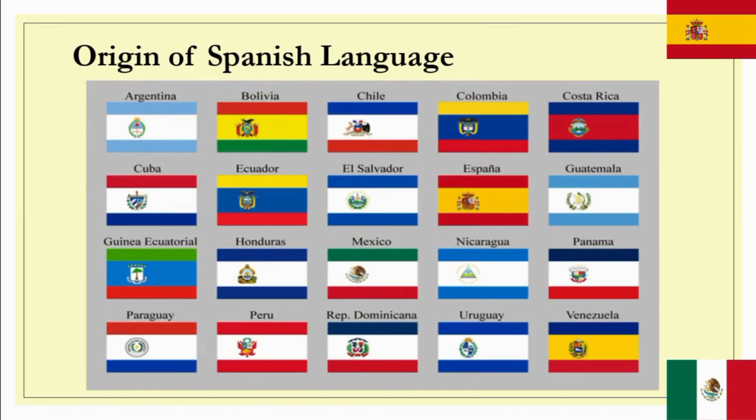So these are the flags of the Spanish-speaking countries. We have Argentina, Bolivia, Chile, Colombia, Costa Rica, Cuba, Ecuador, El Salvador, España, Guatemala, Guinea Ecuatorial, Honduras, Mexico, Nicaragua, Panama, Paraguay, Peru, República Dominicana, Uruguay, and Venezuela.